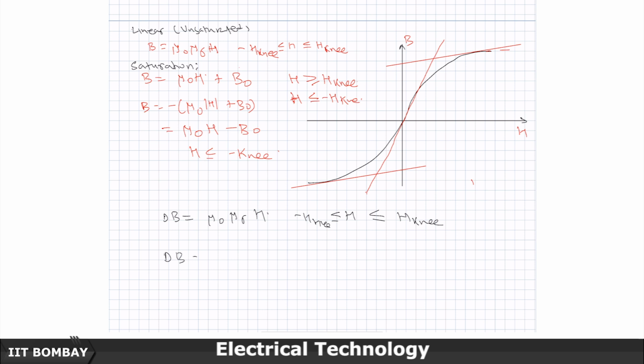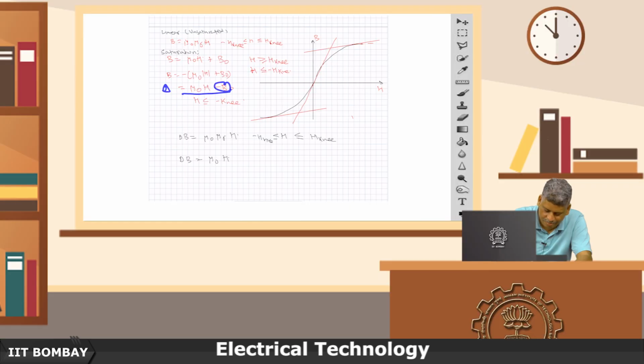And if I look at the delta of this, I get delta B equal to mu 0 H. And in this other equation, the constant B naught will go away when I take delta. So even here I get delta B equal to delta H.